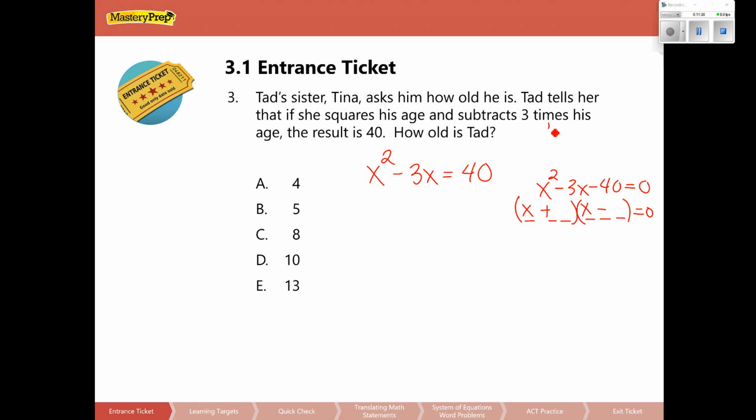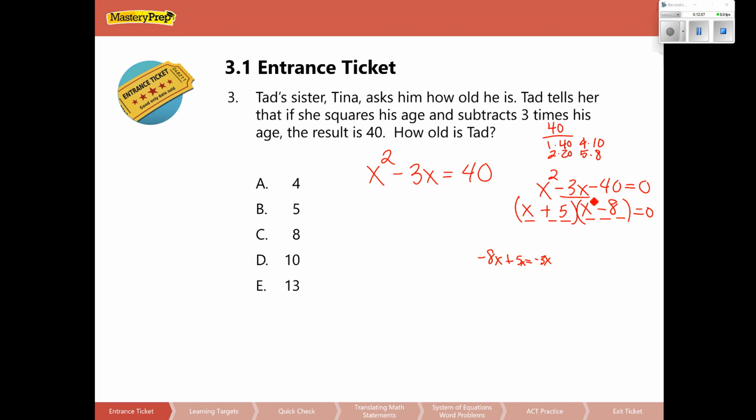Now the factors of 40 that we have are 1 and 40, 2 and 20, 4 and 10, 5 and 8. If we check this, x times negative 8 is going to be negative 8x, plus 5x is negative 3x.